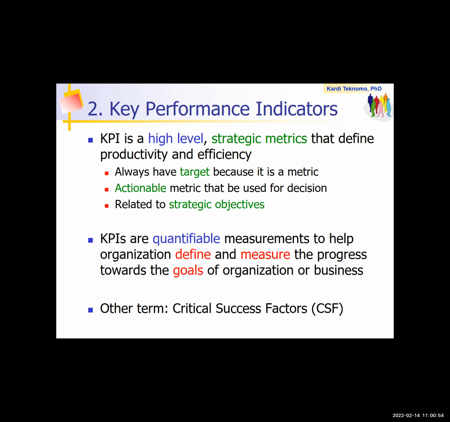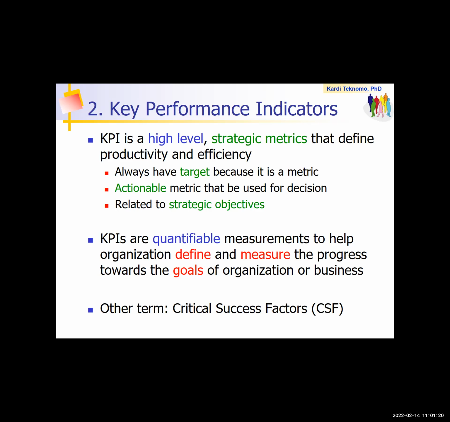What is KPI? KPI is high level strategic metrics. We talked about metrics a while ago. That means you have the target and you have the measure. So it always has a target because it's a metric, and it's always an actionable metric because we can use it for decisions, and it's always related to the strategic objective.